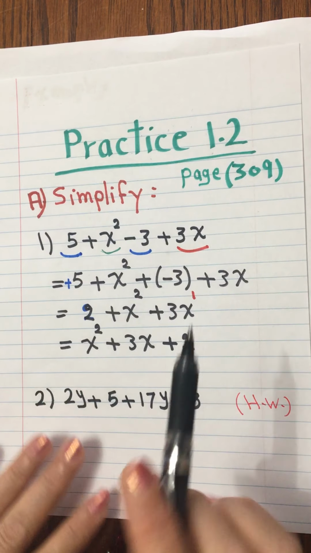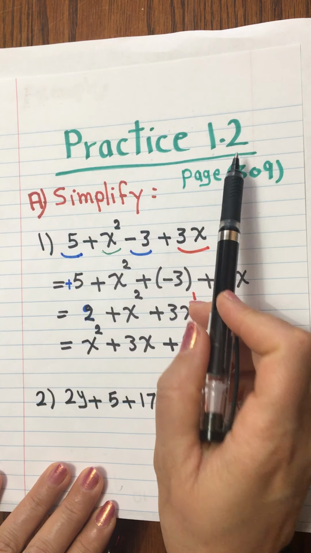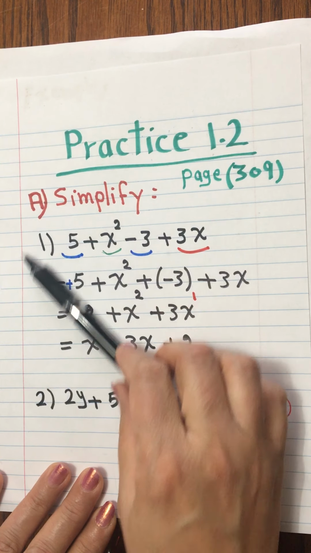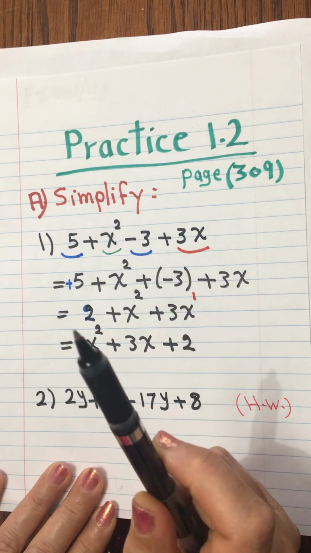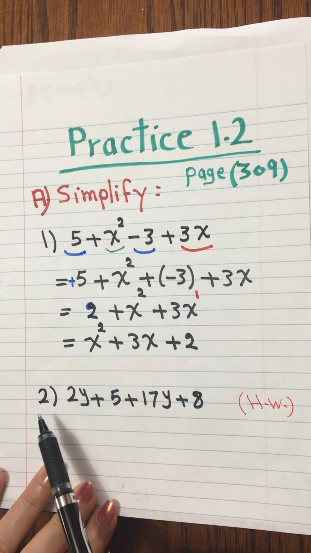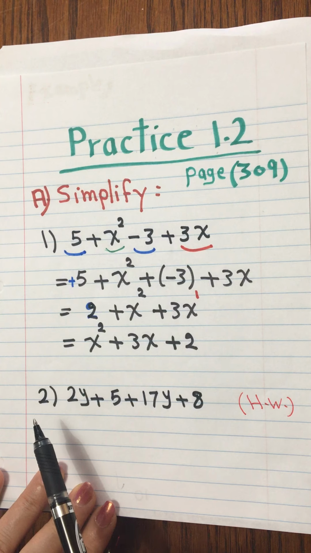Now guys, we're gonna have the practice. So practice 1.2 on page 309. It has 13 questions. I'm gonna do the odd numbers, and the even numbers are your homework.